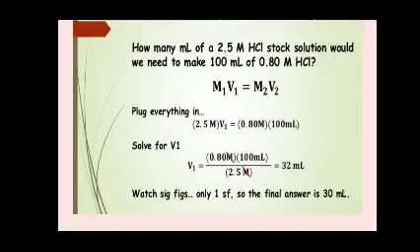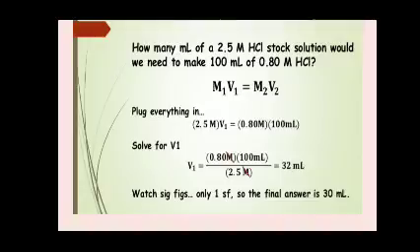How many milliliters of a 2.5 M HCl stock solution would we need to make 100 mL of 0.8 M HCl solution? Therefore, M1 V1 is equal to M2 V2. M1 is the concentrated solution molarity, V1 the concentrated solution volume, M2 the diluted solution molarity, V2 the diluted solution volume. 2.5 M into V1 is equal to 0.80 M into 100 mL.